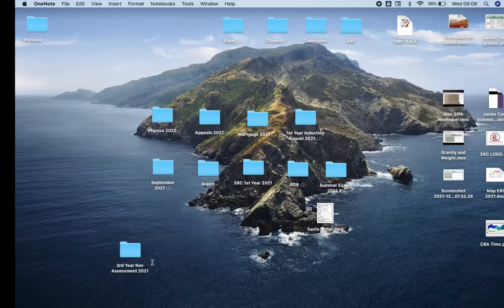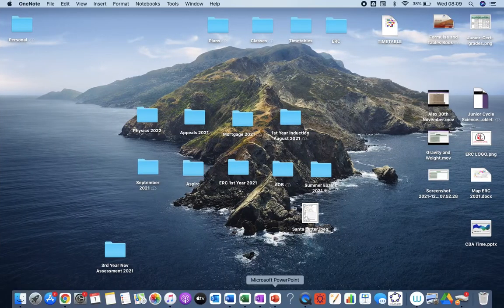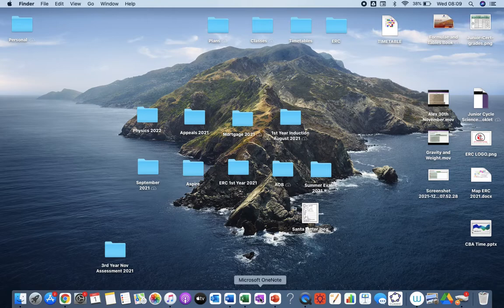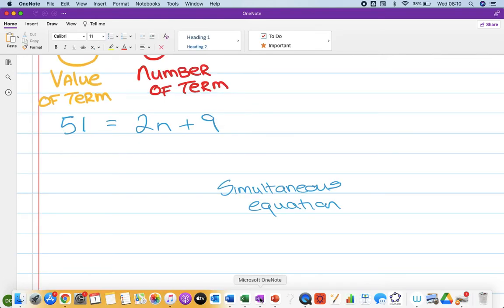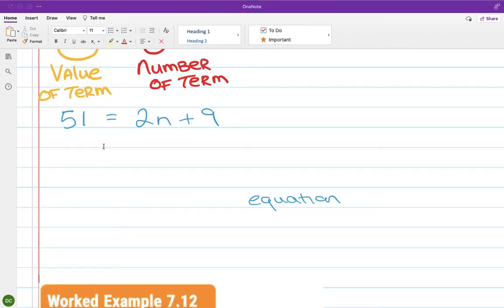Oh my god, this is so annoying. So if we put in the 51 as our term value, then we can figure out what term number that value corresponds to by using this formula.